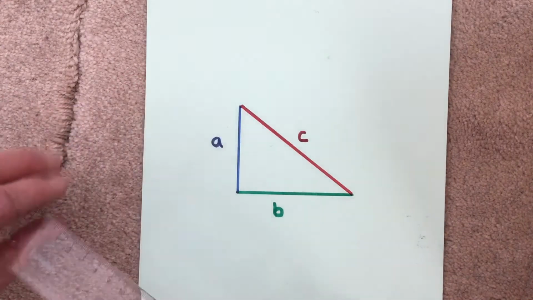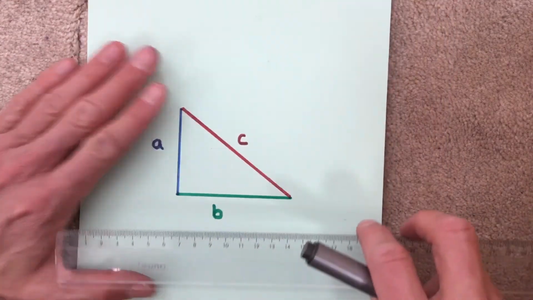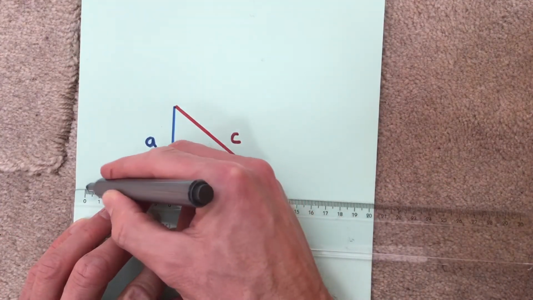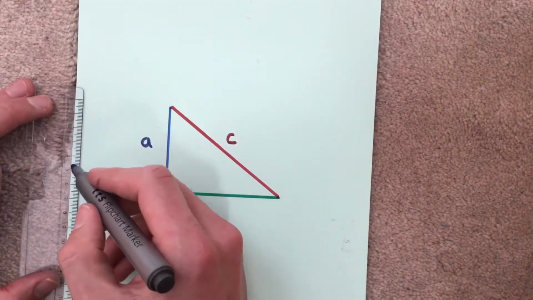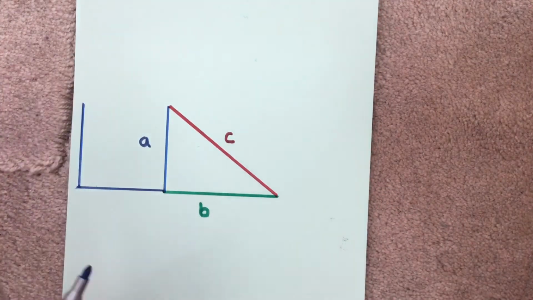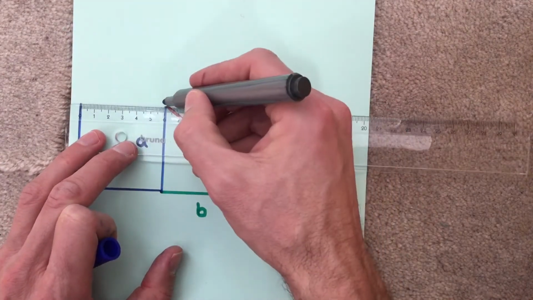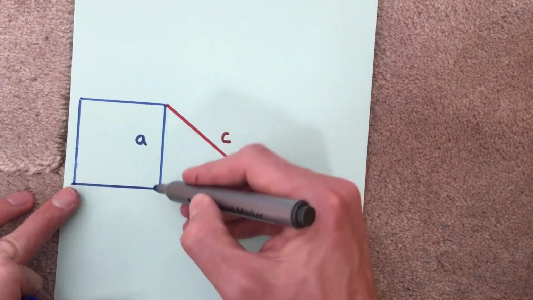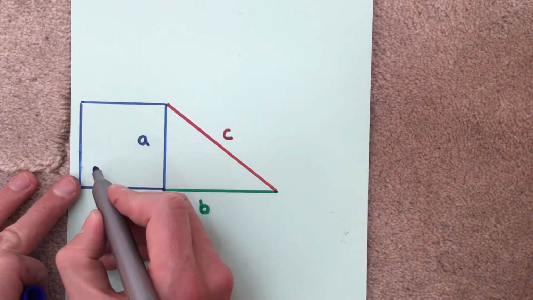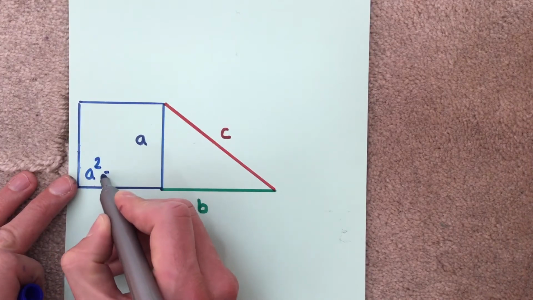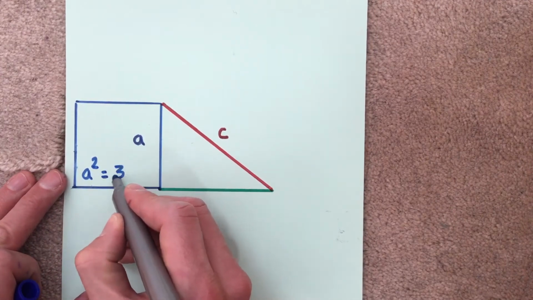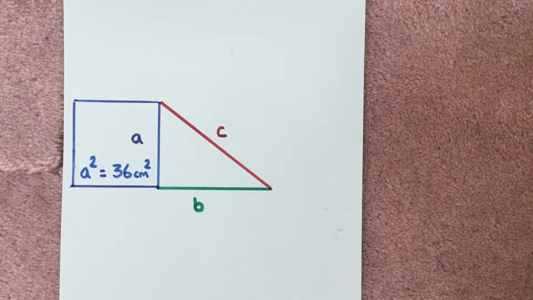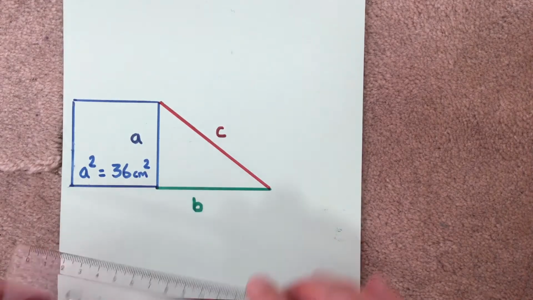Okay, so if I drew a 6 centimeter square, and you'll just bear with me while I do this on camera, you will be able to see that side A here, if I square it, A squared is a 6 by 6 square, so it is 36 centimeters squared.